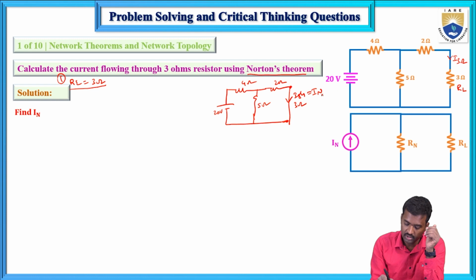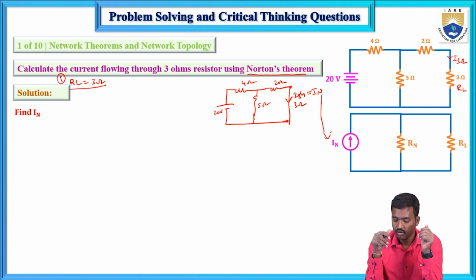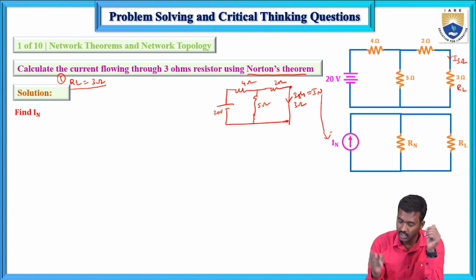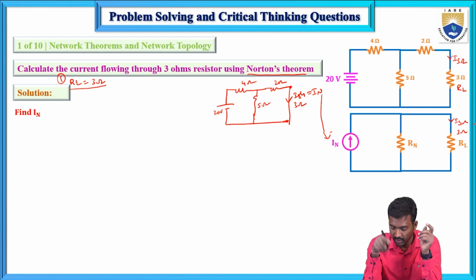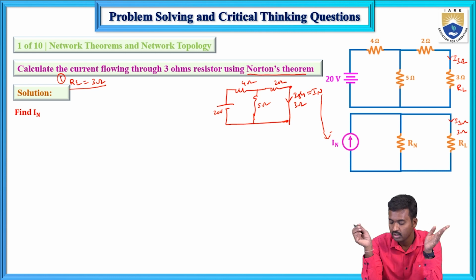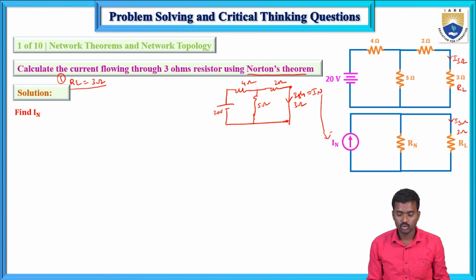We need three parameters to calculate the current flowing through the 3 ohms resistor: first find IN, then RN, then find IRL. The short circuit current is known as Norton's current, represented by IN.